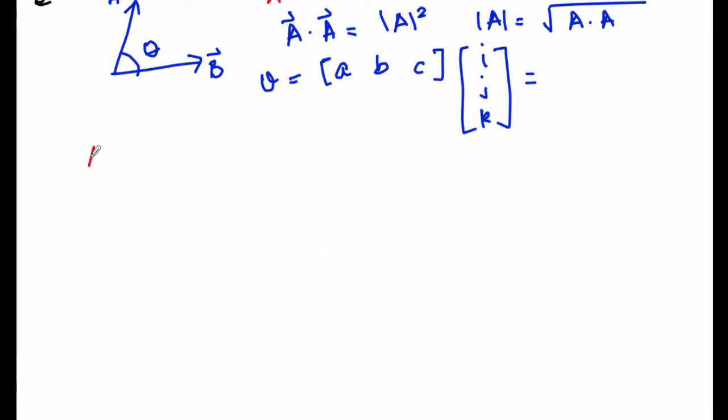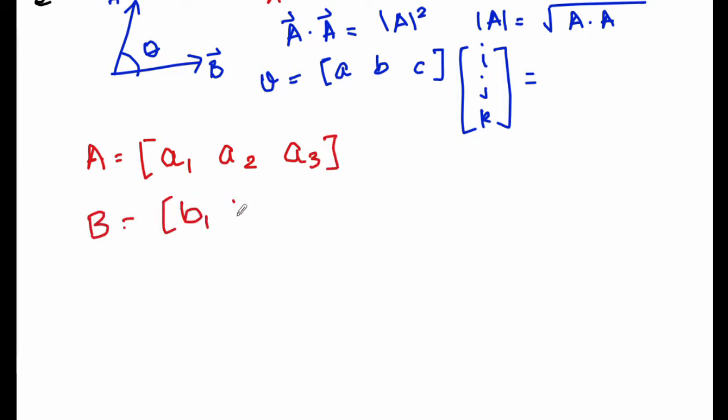So now let's give some attributes. So let's say a vector is a1, a2, a3 for instance, and b vector is b1, b2, b3. So this can equally be represented as a1i plus a2j plus a3k.